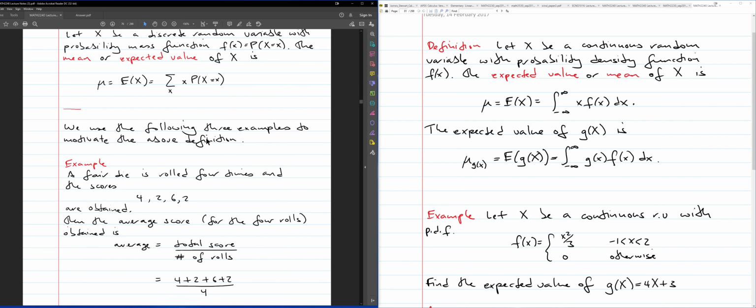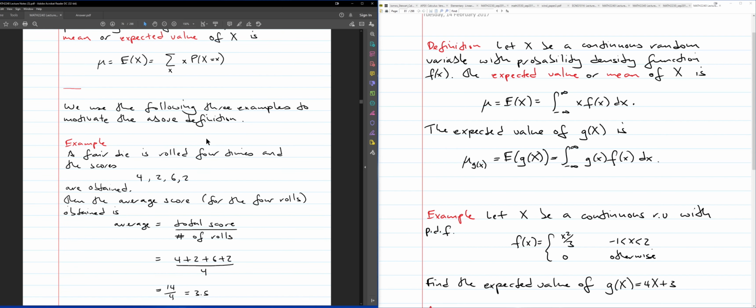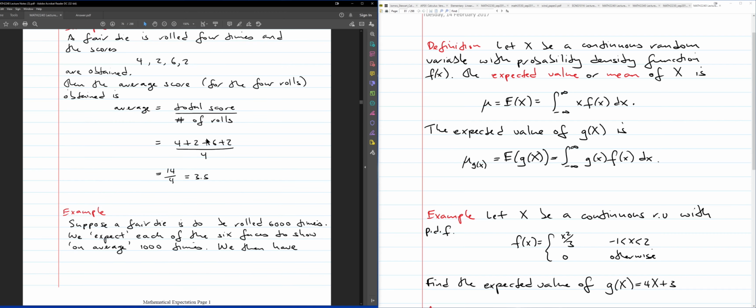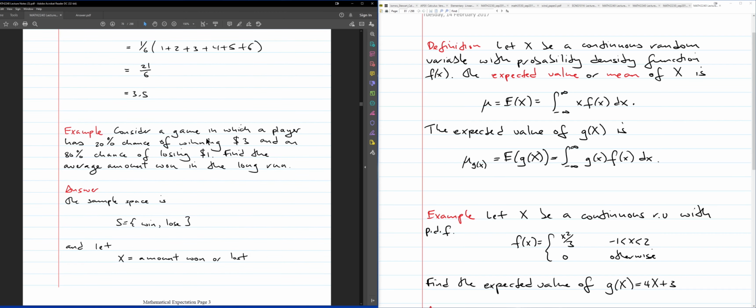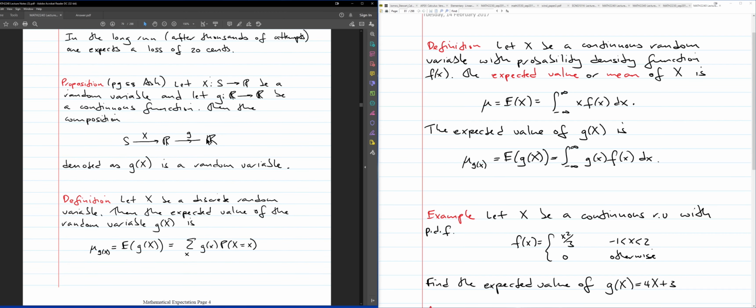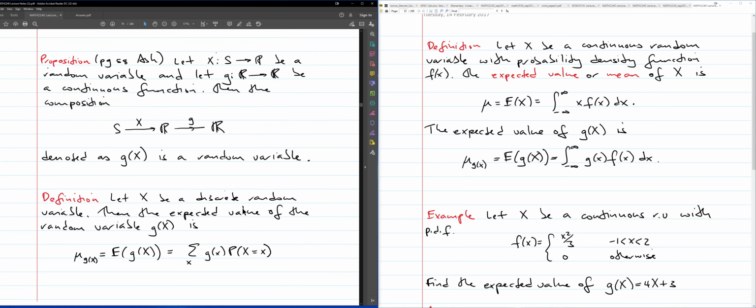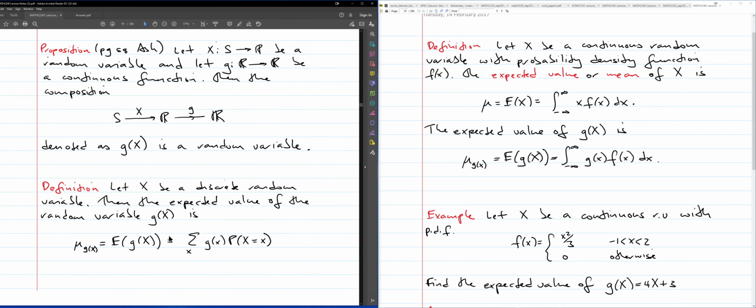Okay, so let's consider now the expected value of a function of a random variable. A formula in the discrete case is what we used: you sum over all possible values of x of the discrete random variable.